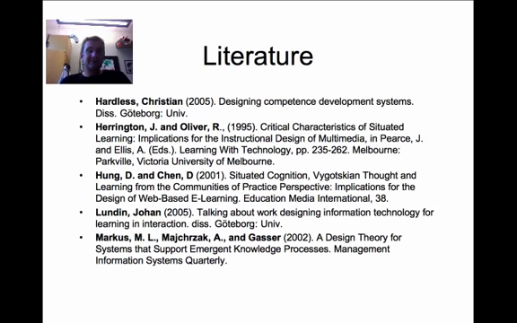The literature list for the mandatory reading consists of a combination of work from the literature on information systems with a design perspective and literature from the learning science perspective, also mostly dealing with a design perspective.